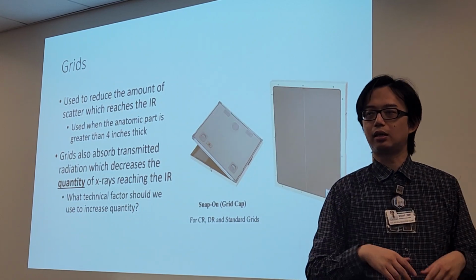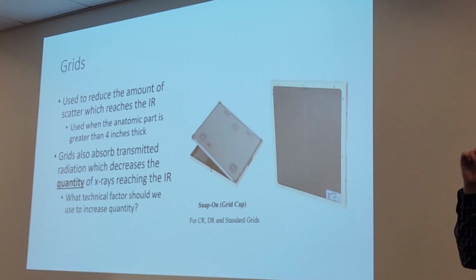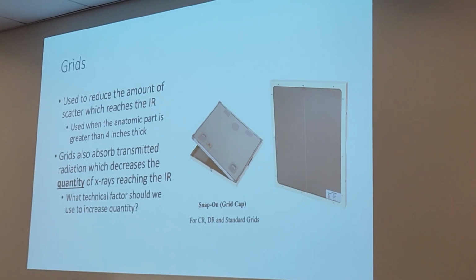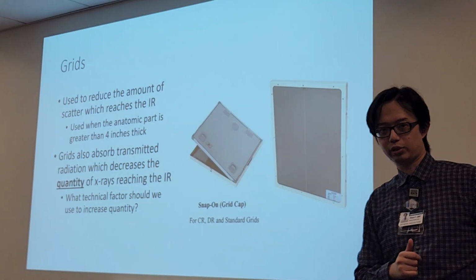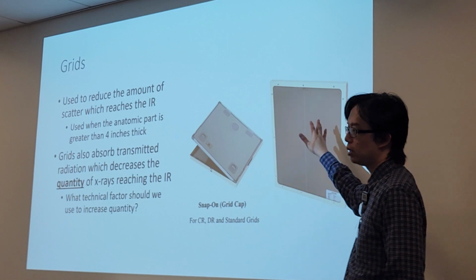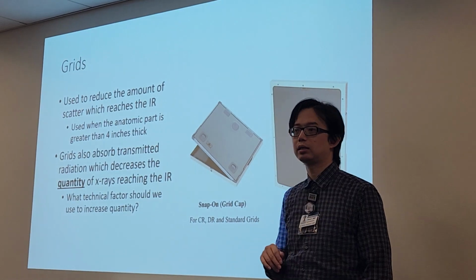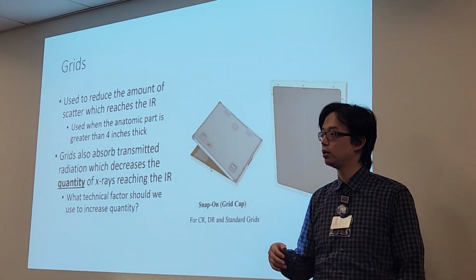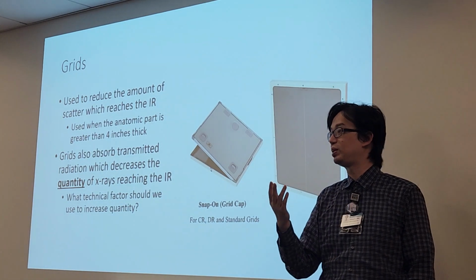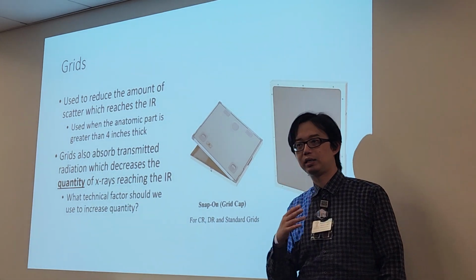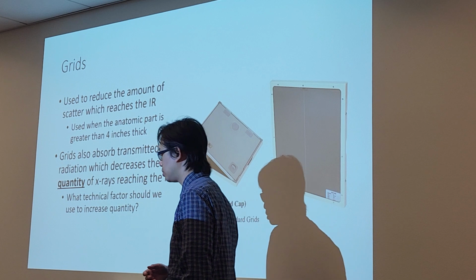Collimation is the thing we talked about which reduces the production of scatter, right? You reduce the area the X-rays cover, so there's going to be less scatter produced. Grids only help to reduce the scatter that hits the IR. The same amount of scatter is being made, but less of it is actually reaching the image receptor.